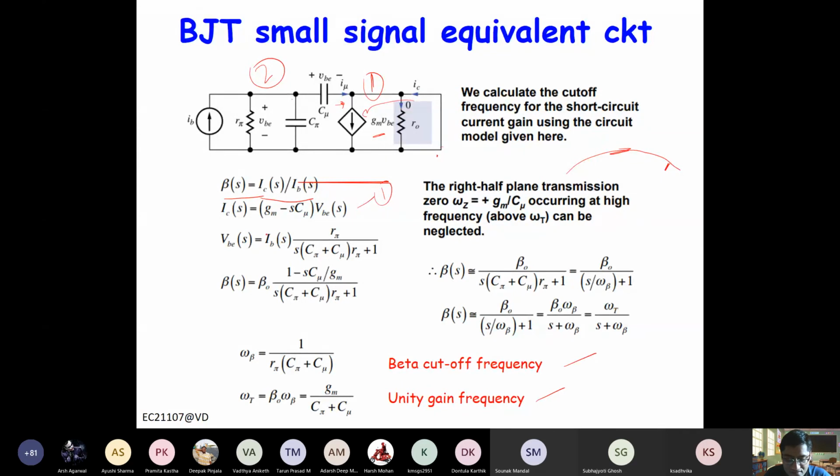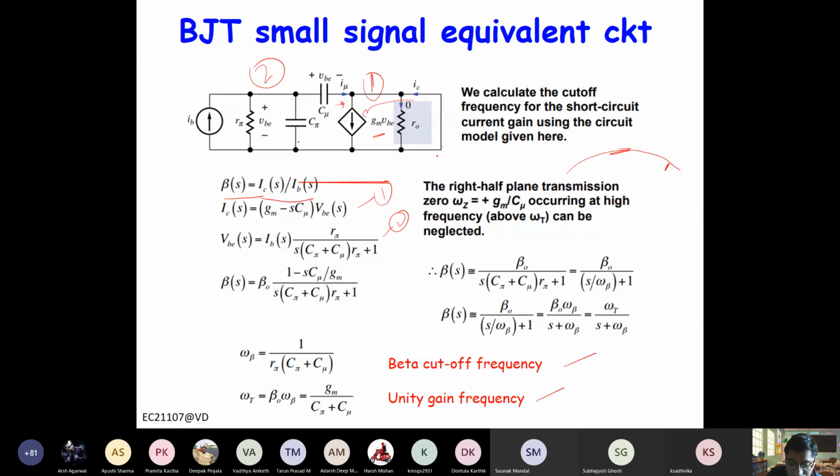And if you write the KCL at node 2, you will get this equation. You can basically write I_B is equal to V_pi by R_pi plus V_pi times sC_pi plus V_pi times sC_mu, right? So you can write V_pi is equal to I_B R_pi by s(C_pi plus C_mu) R_pi plus 1.